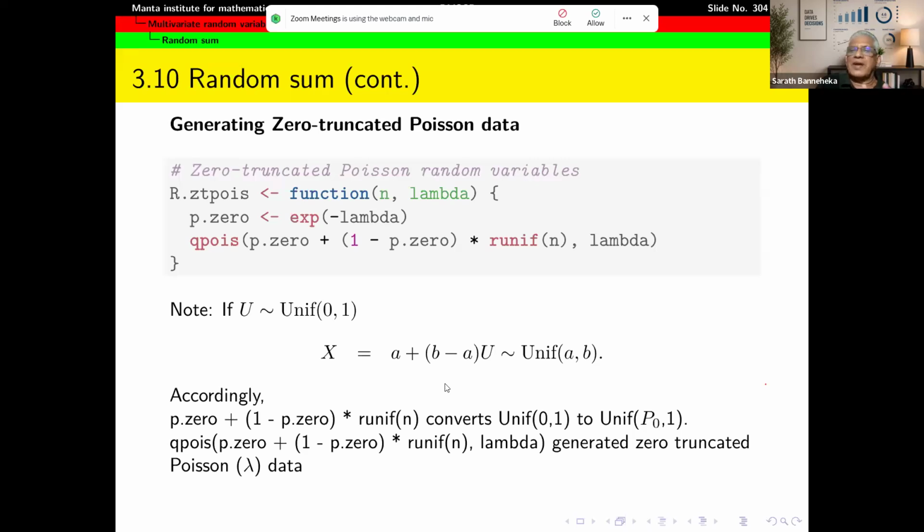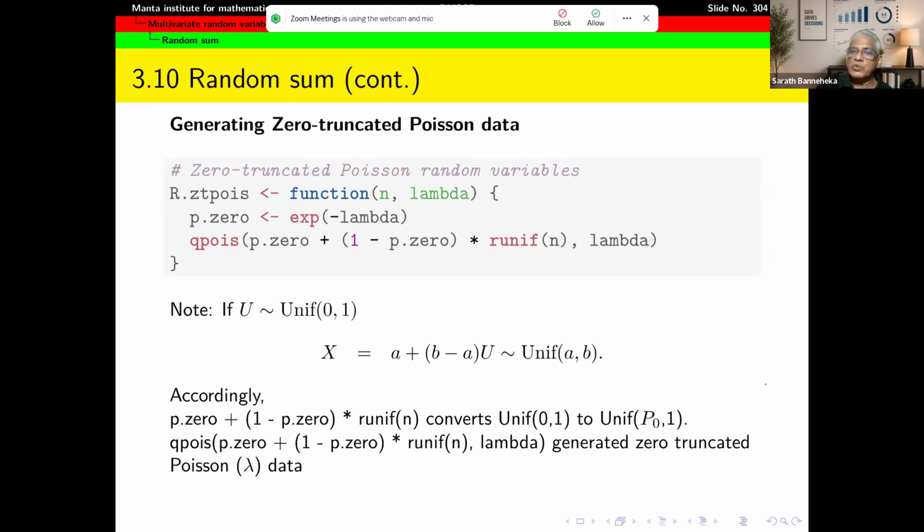I can do that as follows. Let's consider u to be a uniform random number, and convert it using the transformation x equals a plus b minus a times u. Then these x values will be uniform between a and b. This is the usual transformation you can use to transform uniform 0, 1 into uniform a to b.